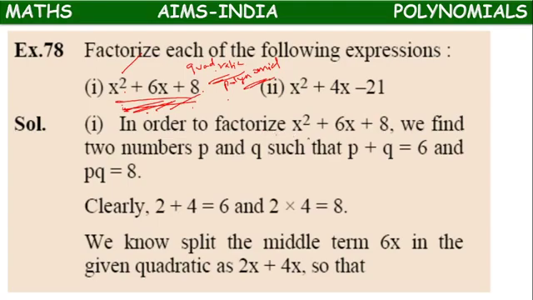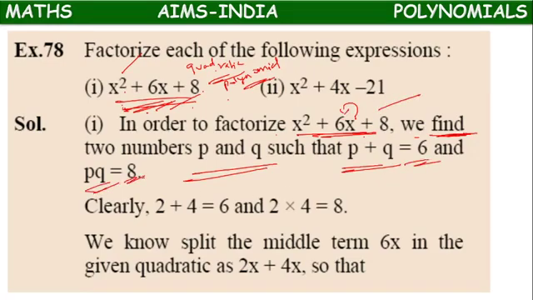In order to factorize this given expression, according to the previous steps, we have to find two numbers p and q such that their sum is equal to the x coefficient 6 and their product is equal to the constant 8. So for which two numbers will the sum be 6 and the product be 8?